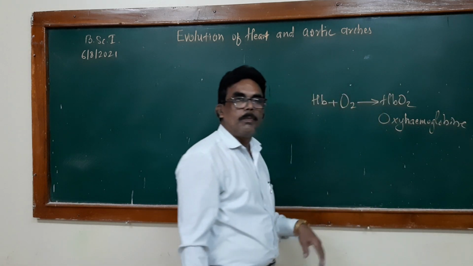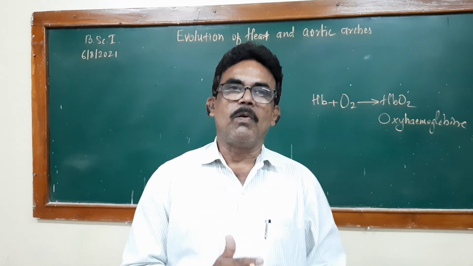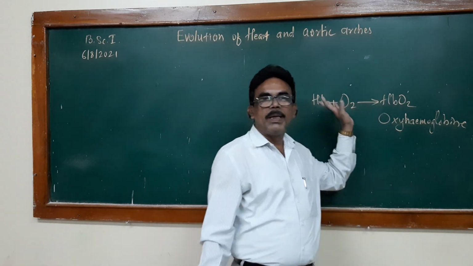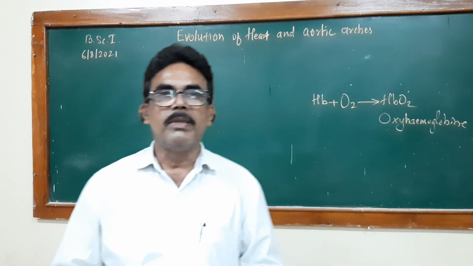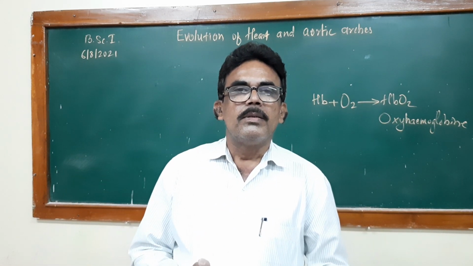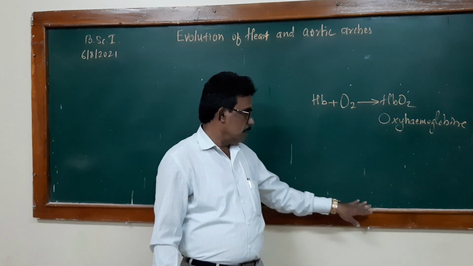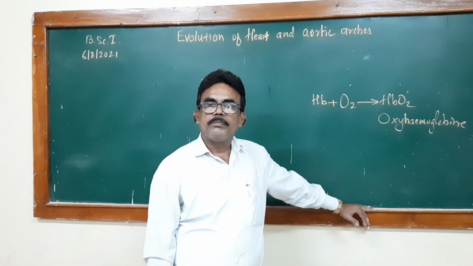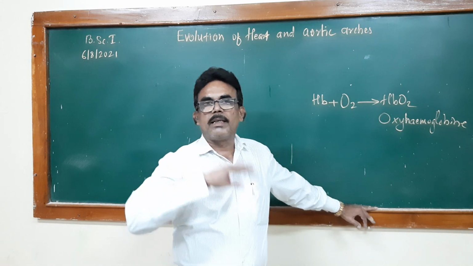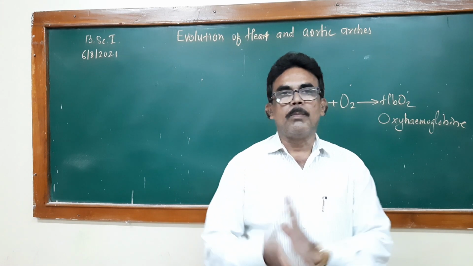This oxyhemoglobin formation is the process of pure blood, or oxygenated blood, formation. Then this blood is sent to the heart, and from the left ventricle it is supplied through the systemic aorta and its branches, the dorsal aorta and its branches, to the different body parts.